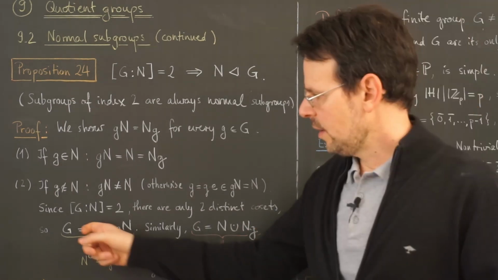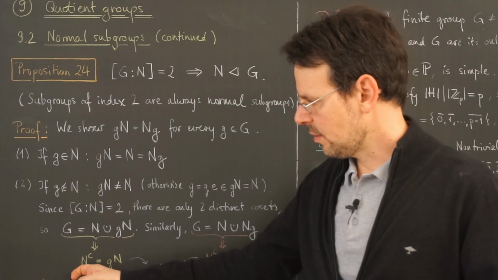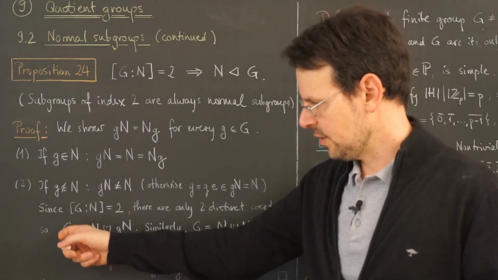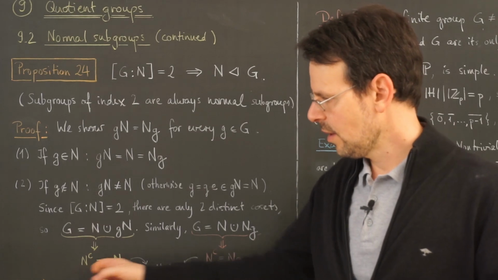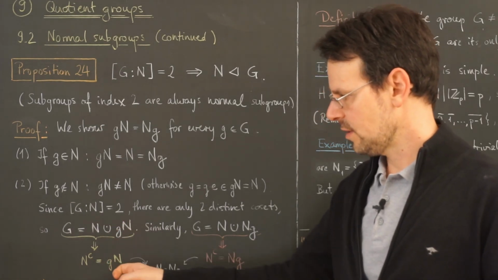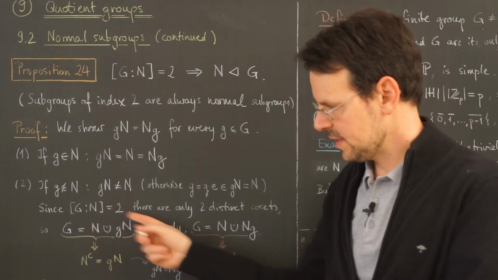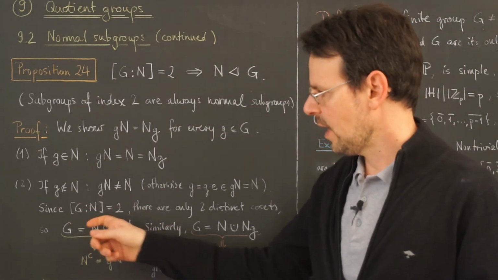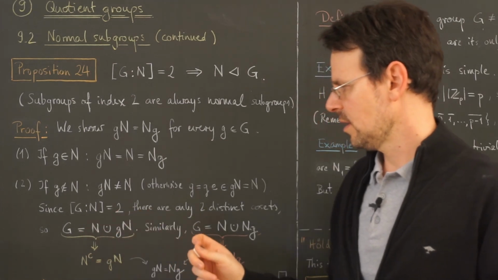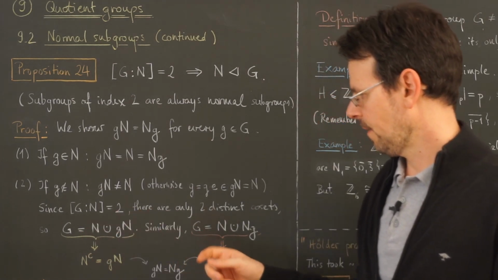Now, this here means that the complement of N in G, meaning all the elements that lie in G but not in N, must be the left coset gN. Because this is exactly what this disjoint union here means. If I take away N, then this is all that is left.